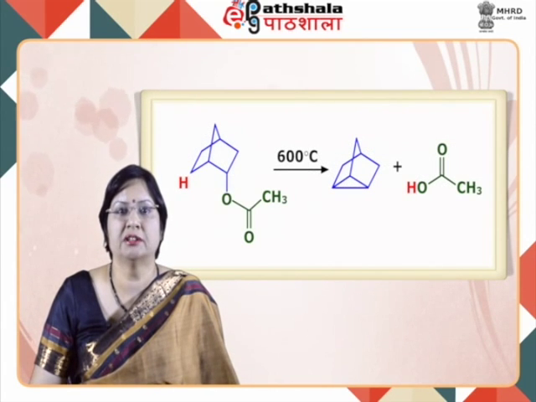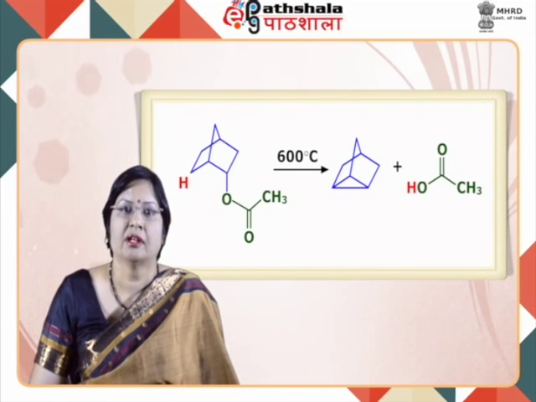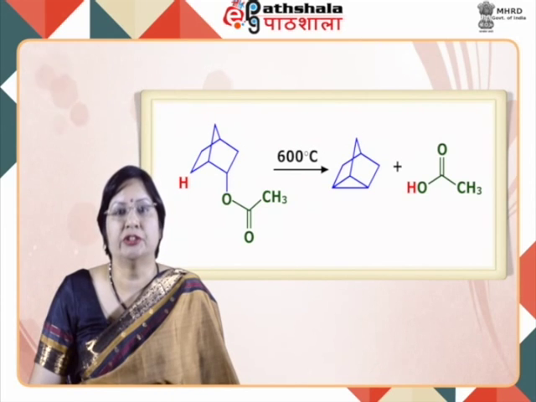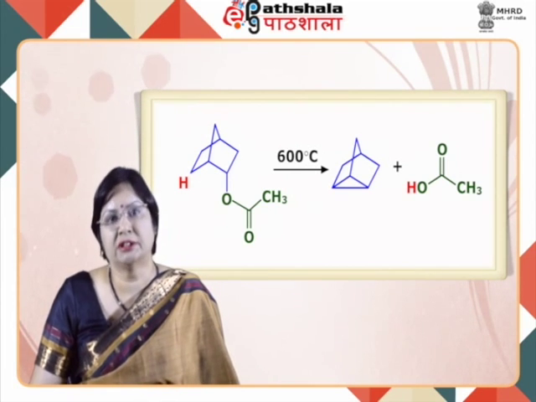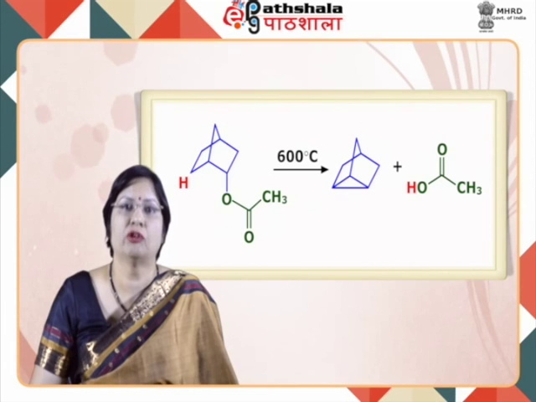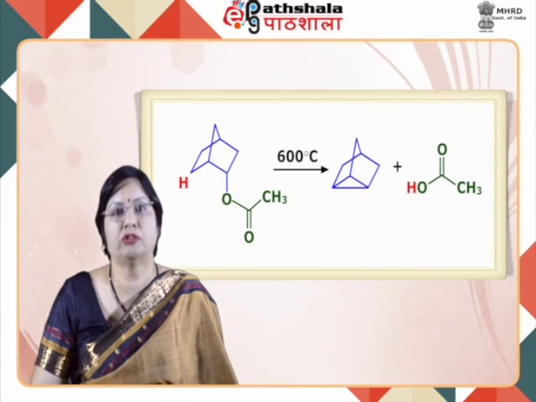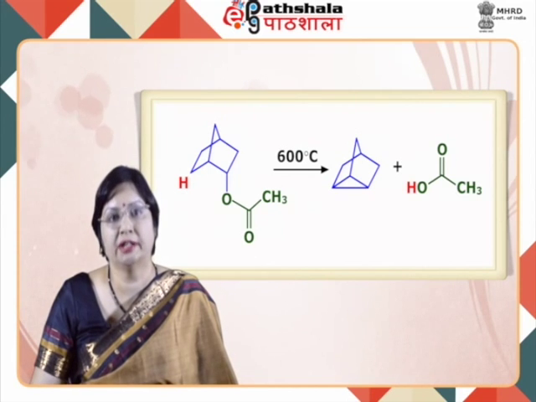Beta elimination occurs when two groups are lost from the adjacent carbon atoms, and as mentioned, they constitute most of the pyrolytic eliminations with a typical EI mechanism. This is the very first elimination that you have studied, that is the dehydrohalogenation of alkyl halides giving you the formation of alkene, or the dehydration of alcohols giving you again the alkene.